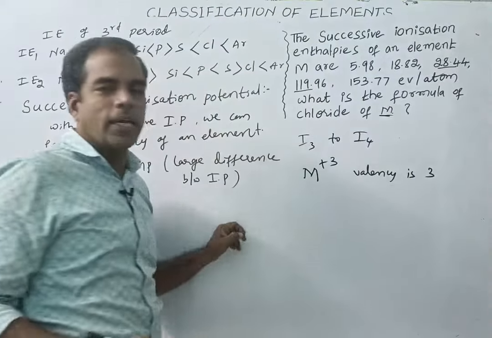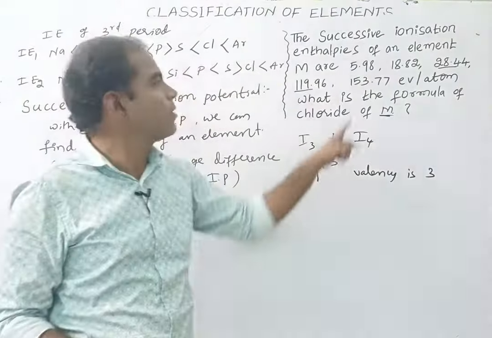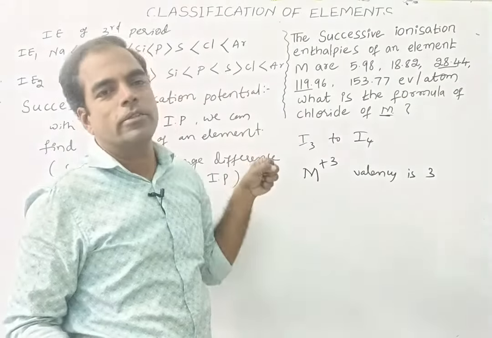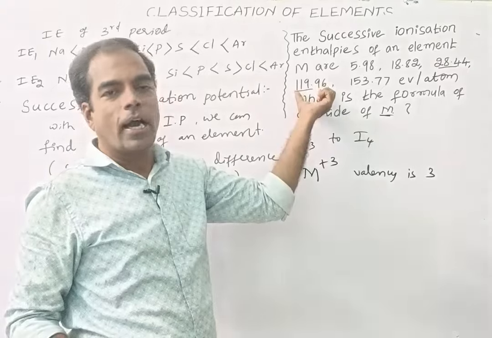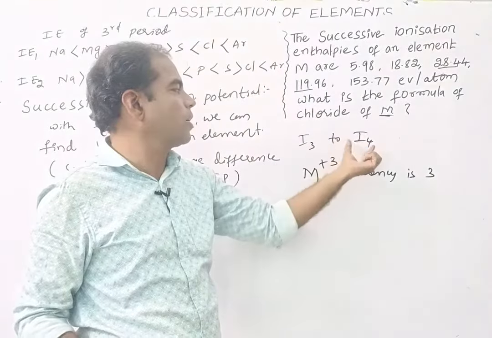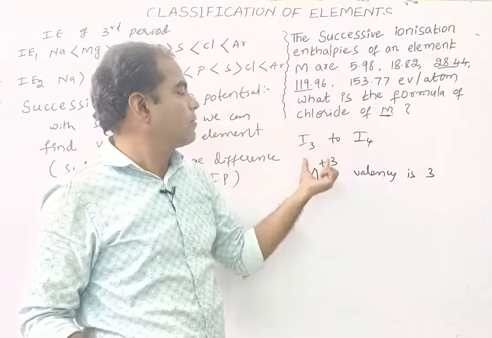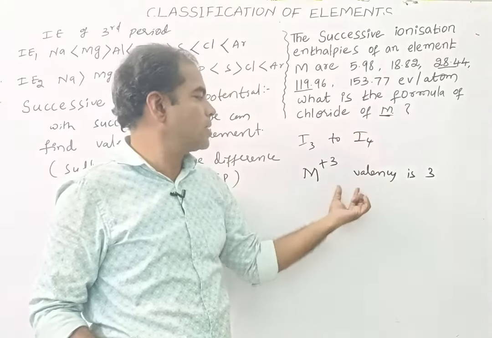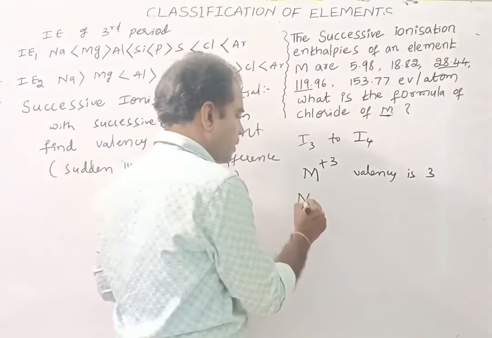Three electrons can be removed easily, requiring less energy, but removing the 4th electron requires a high amount of energy. That means from I3 to I4 it requires high energy. So the valency of M is 3, and the formula is MCl3.